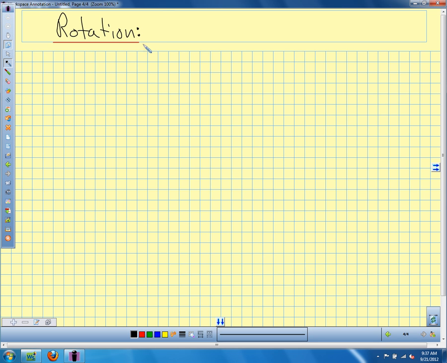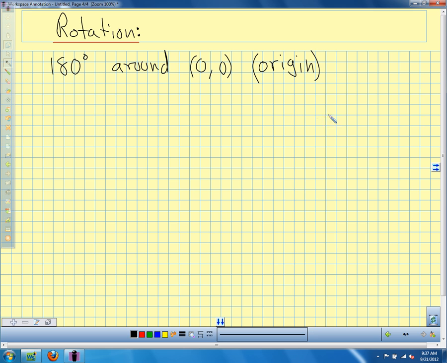So I'm just going to tell you how it works, and we're going to look at one kind of rotation. If we rotate 180 degrees around the point 0, 0, and another name for 0, 0 is the origin. To rotate 180 degrees around 0, 0, around the origin, we change the sign on the x and the y.